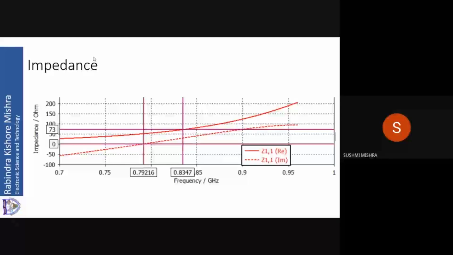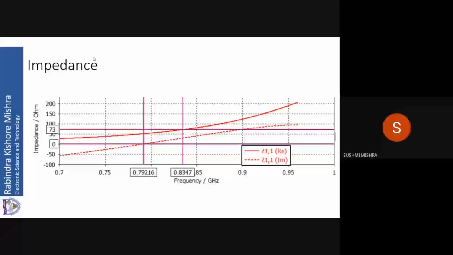How to get that? That is simply by multiplying my lambda by 0.47 or 0.48 instead of taking 0.5 lambda. If I take 0.47 lambda or 0.48 lambda, it will be reduced by 19.37.